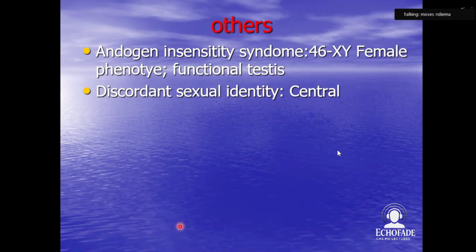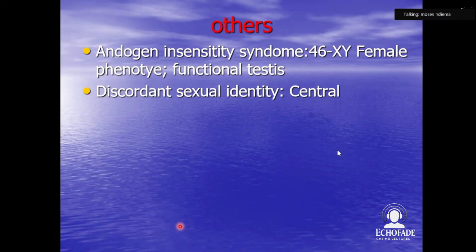They have all the organs of male and organs of female separately. As a female, you'll have all the organs of the female, but there's that feeling that you are like a man. That's what you call discordant sexual identity.